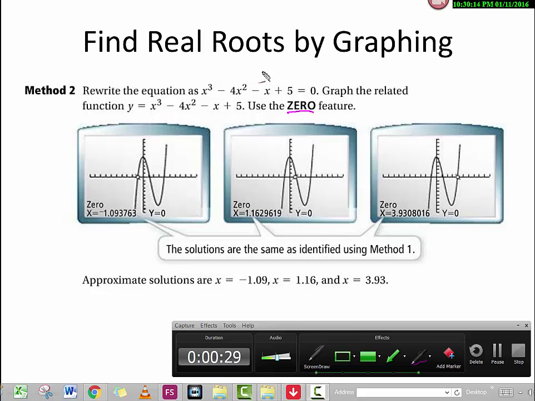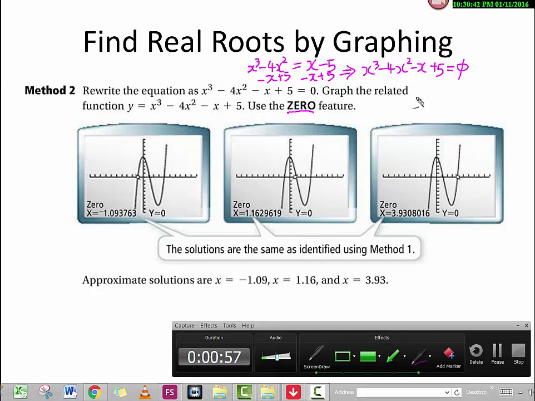The equation that we are looking at was this one. All we need to do is just set this whole equation equal to 0 by doing minus x plus 5. So minus x plus 5, and then you end up getting x cubed minus 4x squared minus x plus 5 equal to 0.